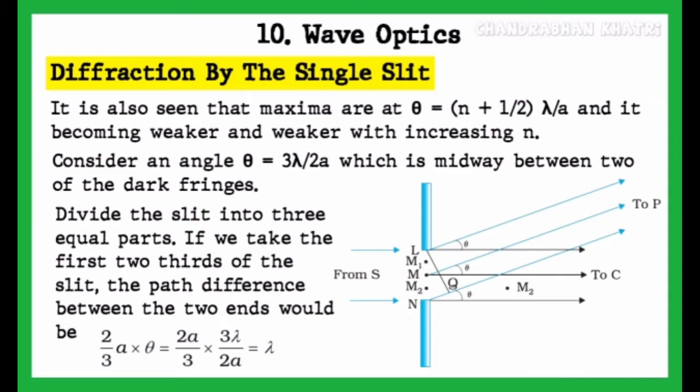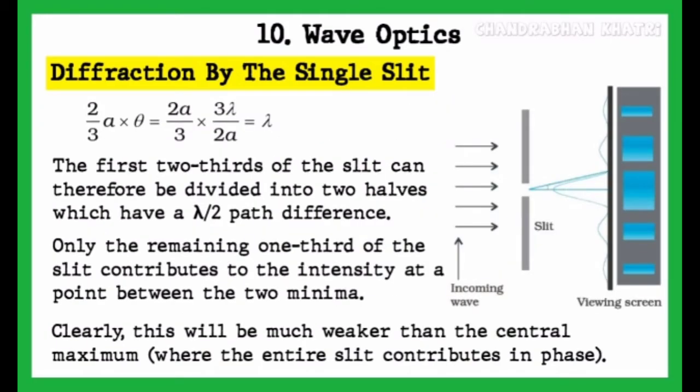If we take the first 2/3 of the slit, the path difference between the two ends would be 2a upon 3 into theta, that is equal to 2a upon 3 into 3 lambda upon 2a, that is equal to lambda. The first 2/3 of the slit can therefore be divided into two halves which have a lambda by 2 path difference.